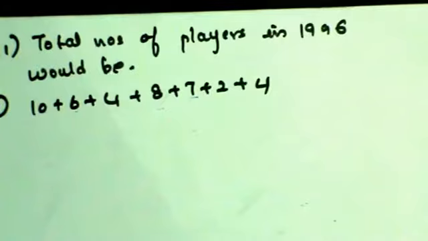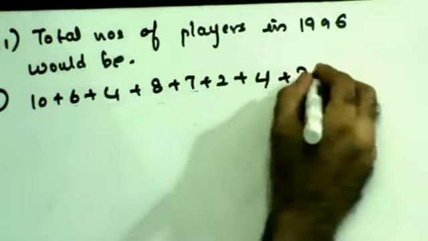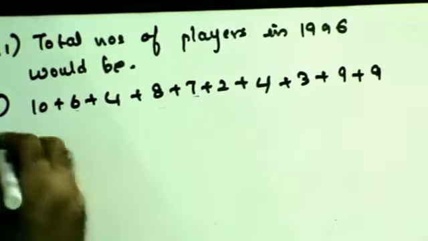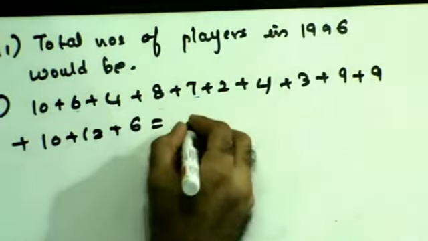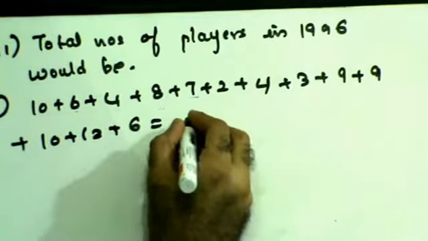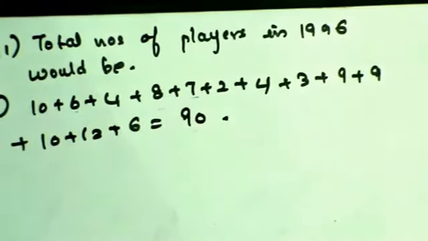So we did 8 plus 7 plus 2 plus 4 plus 3 plus 9 plus 9 plus 10 plus 12 plus 6. If I add all of this, that should give me 90. So the total number of players is 90. Someone check my addition, please.